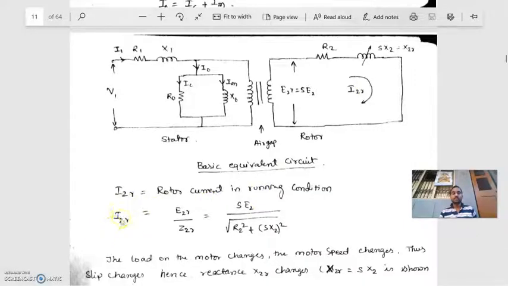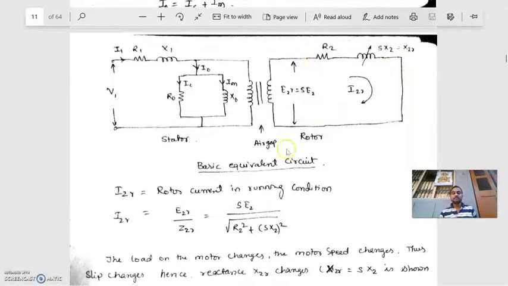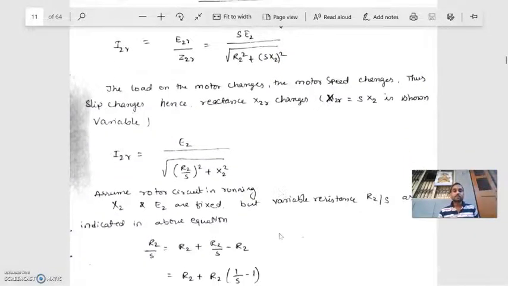You know the equation for I2R: I2R is equal to E2R divided by Z2R. This total term is called Z2R. So E2R divided by Z2R, where E2R is given by S into E2, and Z2R is given by the square root of R2 square plus S X2 whole square. When the load on the motor changes, the motor speed changes and the slip also changes, hence the reactance X2R will change.